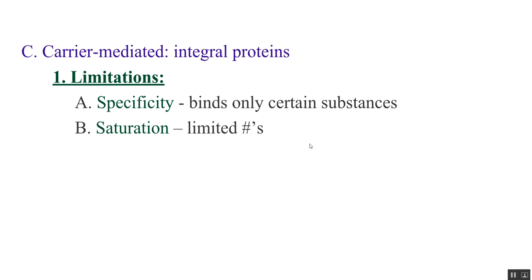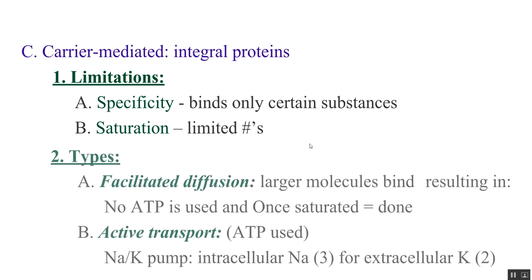Okay? There are two types of carrier-mediated diffusion. The first one is facilitated diffusion. And so that's large molecules, they bind and it results in movement that way. So no ATP is used, but once it's saturated, it's done. It can't hold any more.